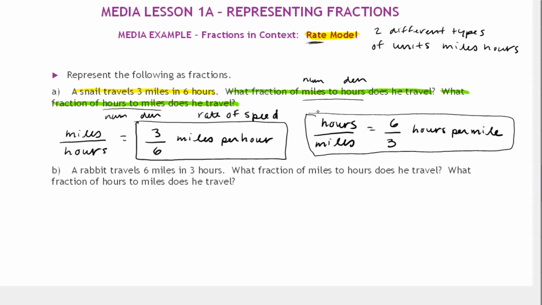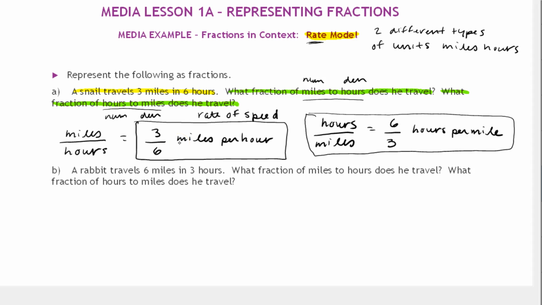In a way, this tells us about a rate of speed, but it's different from this one. Here we said we could think of this as the snail going 1/2 of a mile in an hour. Notice if we simplify this, we would get 2. 6 divided by 3 is 2. So it takes the snail 2 hours to go 1 mile. They're giving us the same information, but in a different order, and the order really matters, and the units matter. They tell us a different situation.